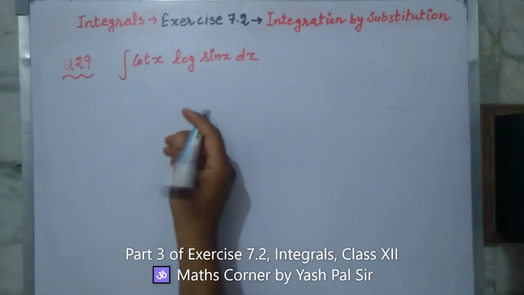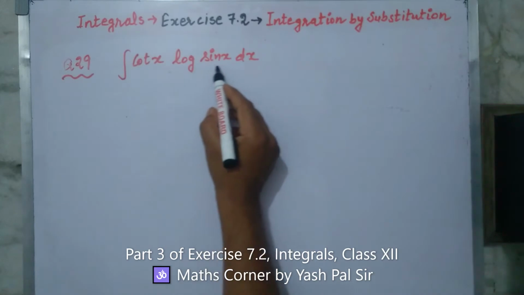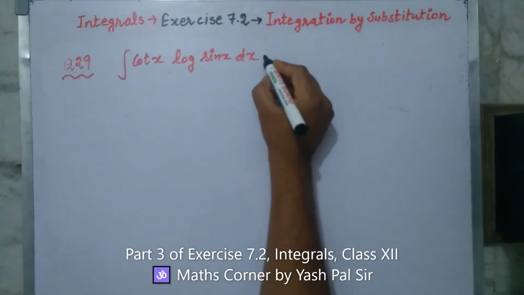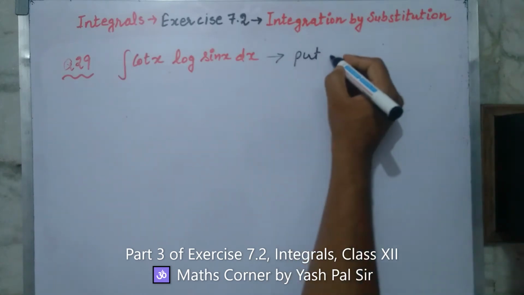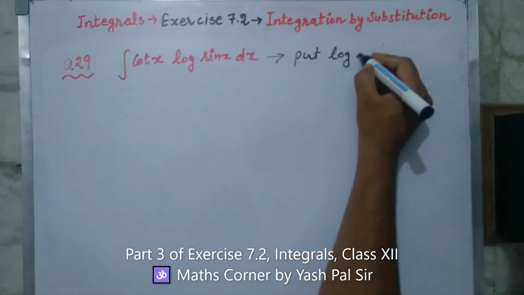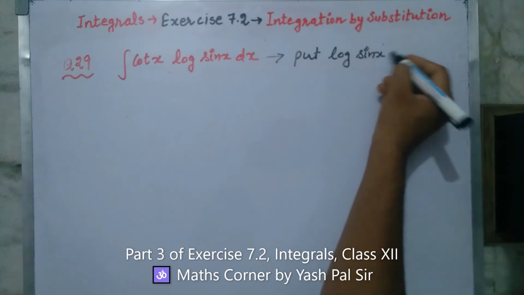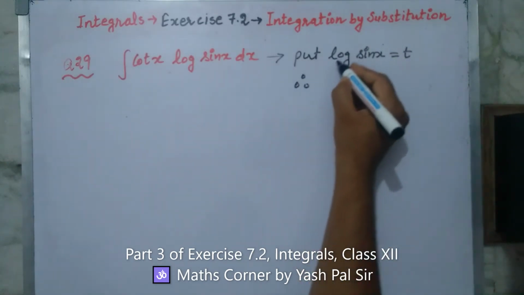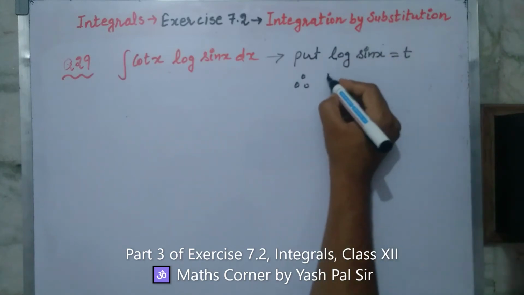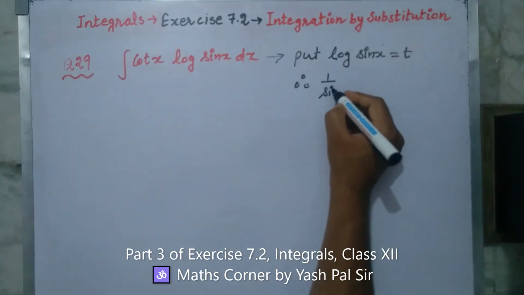Question number 29, integral of cot x log sin x dx. So first of all here we put log of sin x equal to t. Differentiating with respect to x, the derivative of log sin x is 1 upon sin x.